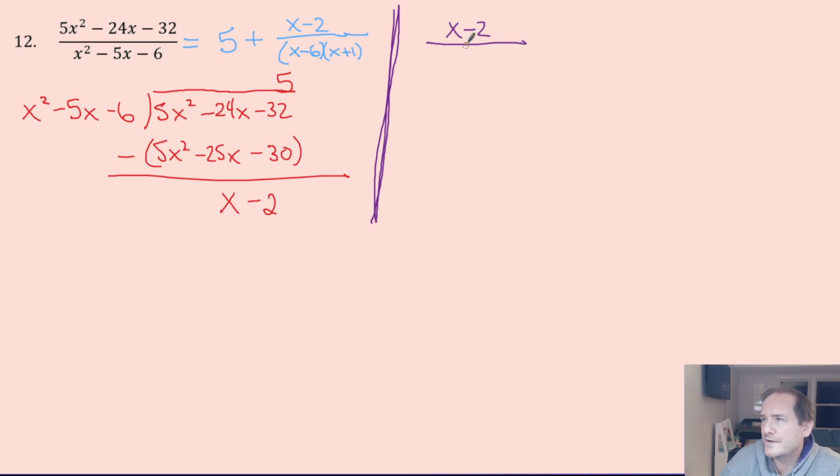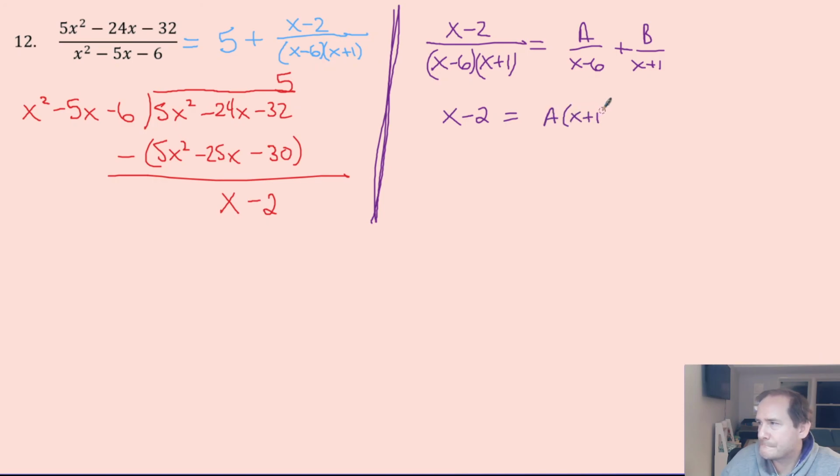You can do the x minus 2 over x minus 6, x plus 1. That's going to equal a over x minus 6. You're going to multiply through by the LCD. You'll get x minus 2 equals a times x plus 1. And then you'll do your let statements. And I think the rest is cake.